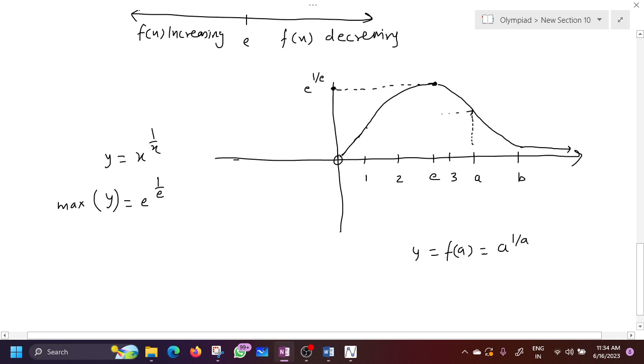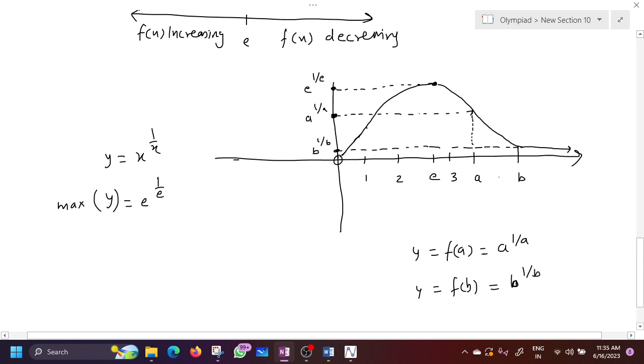Its value will be here on the y axis somewhere, which is a to the power 1 by a, and we have b here. So I can write the value of b as f(b), y is equal to f(b) is equal to b to the power 1 by b, which is here.